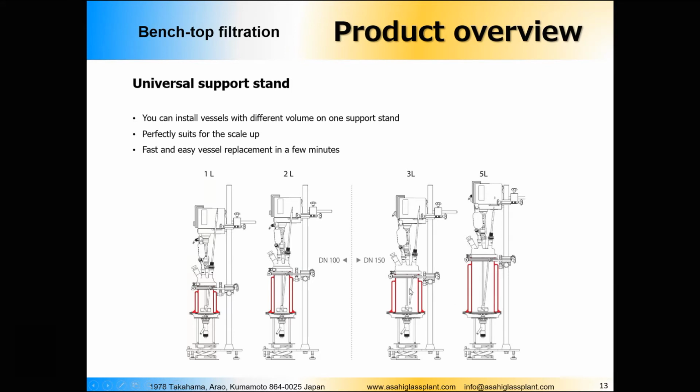So in this case you will need a bigger diameter, because if you have a 5-liter vessel with a big diameter here but DN100 here, then you will be able to insert from the top only a stirring blade with a diameter of 100 millimeters, 90 or something like that. So that's why we need to have DN150 for bigger vessels.